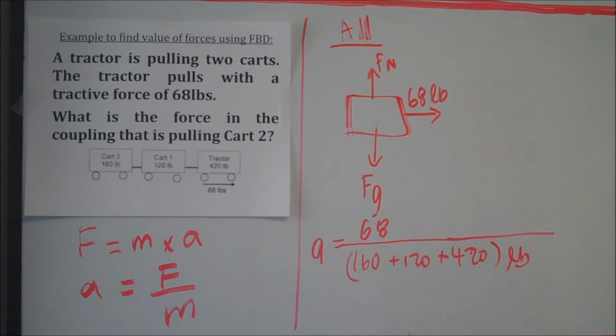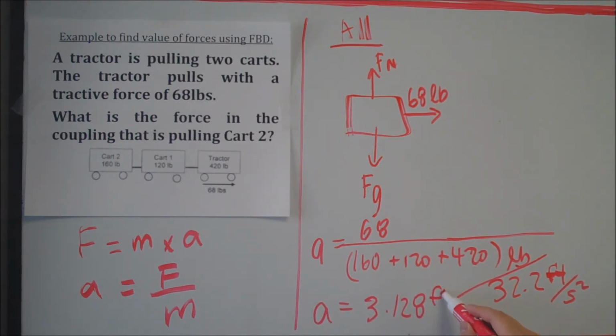This is the force. To convert it to a mass, we have to divide it by the gravitational pull, which is 32.2 feet per second squared in the English system. After we calculate that, we have an acceleration of 3.128 feet per second squared.